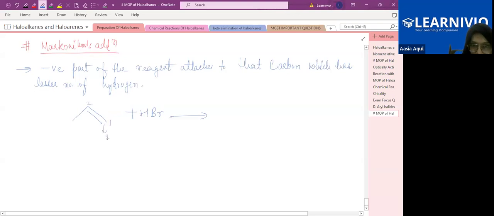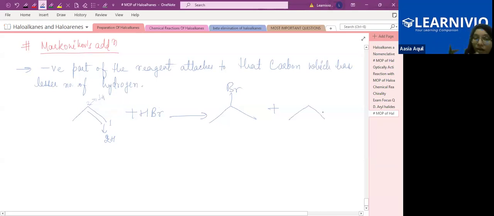This carbon has two hydrogen, and this carbon has one hydrogen. According to Markovnikov addition rule, this bromine will attach on the second carbon, which has only one hydrogen. So you will get this product. Plus, a second product will also be formed, meaning bromine will attach on the first position also, but it will form in minor amount.